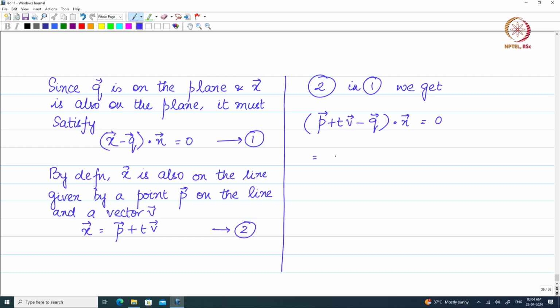So, we have p minus q dot n plus tv dot n is equal to 0, and therefore, we get the value of t which is nothing but q minus p dot n divided by v dot n.